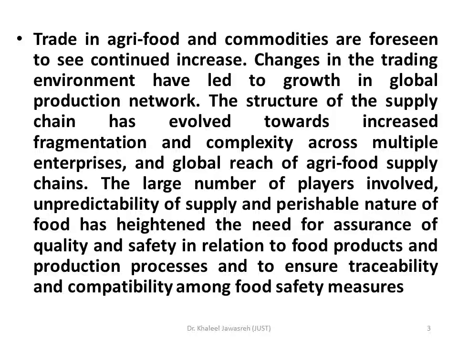The large number of players involved, unpredictability of supply, and the perishable nature of food have also heightened the need for assurance of quality and safety in relation to food products and the production process, and to ensure traceability and compatibility among food safety measures.